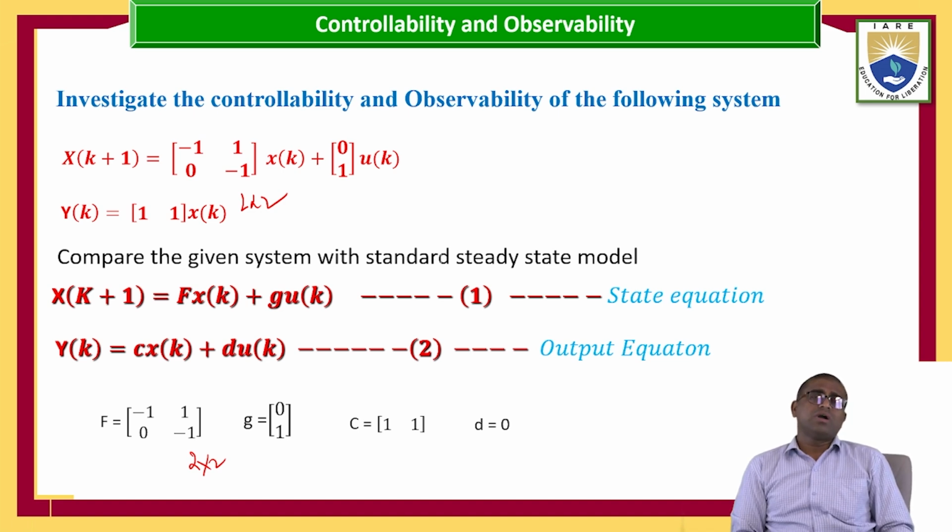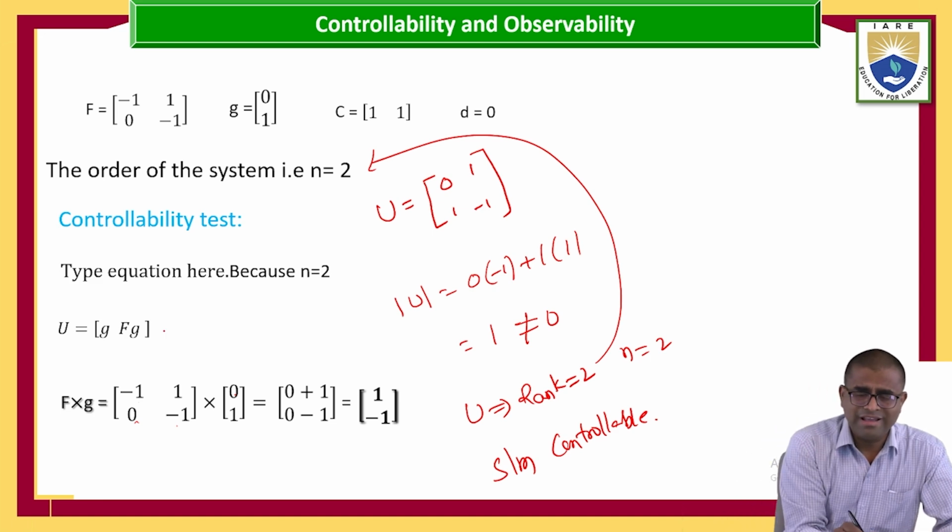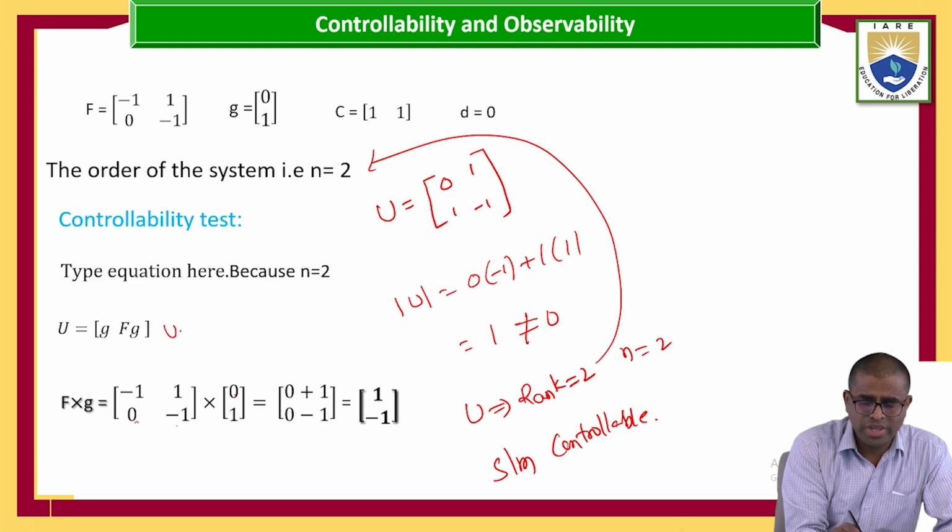Now I am going to the controllability test. First of all, you write down the order, n equal to 2. After that, in the standard equation for controllability, U equals g, fg, f squared g, up to f power of n minus 1 into g.